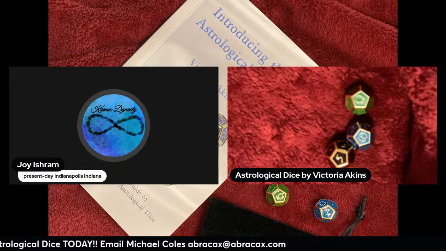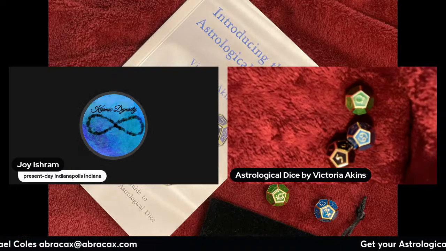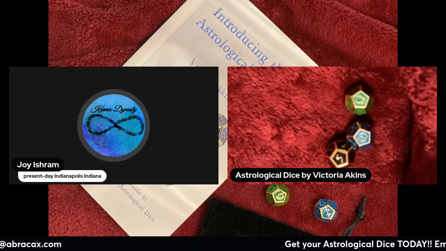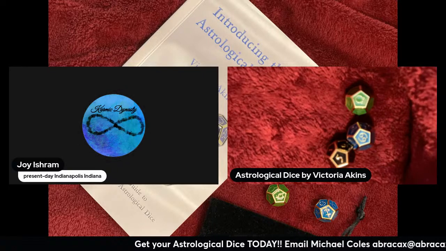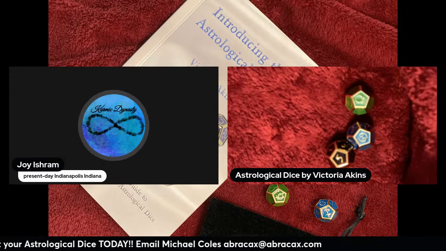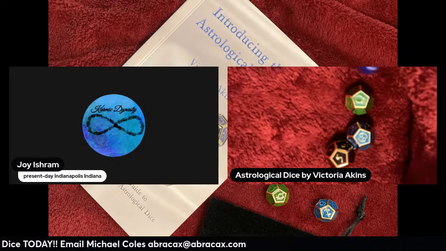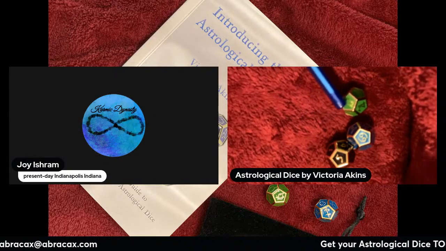Okay, interpreting the dice. When interpreting the dice, each die should be looked at individually. The combination of all three dice reveals your answer. So the first dice, the planet's dice, it's the green one.